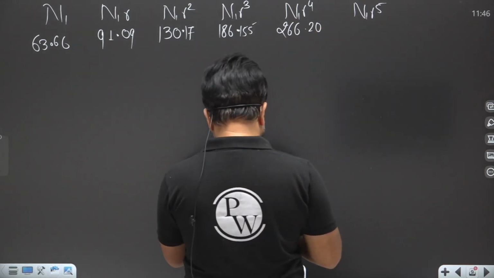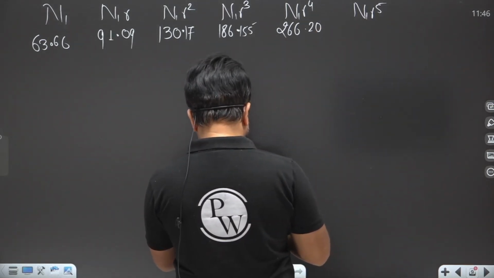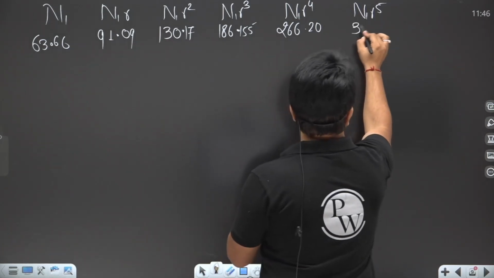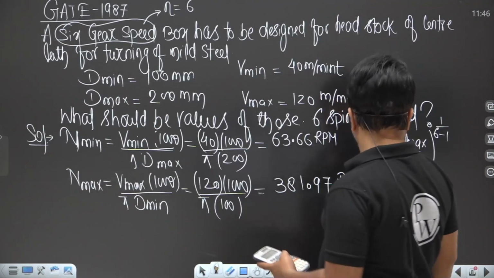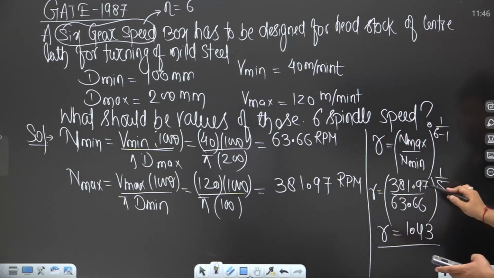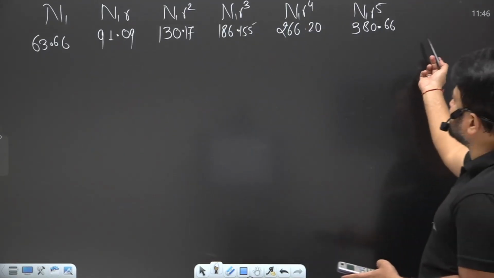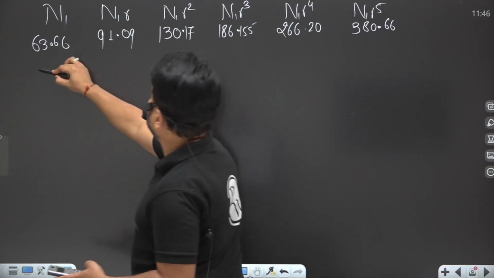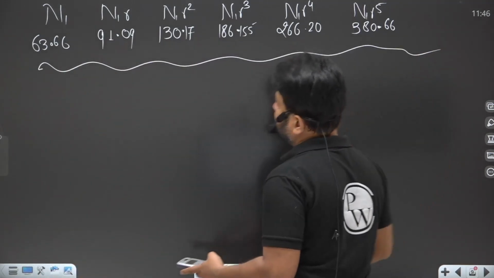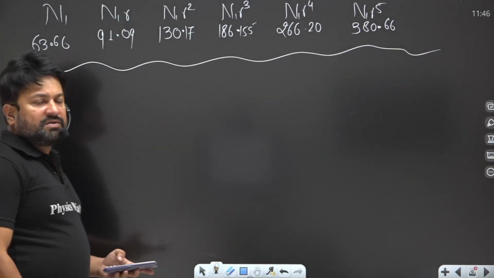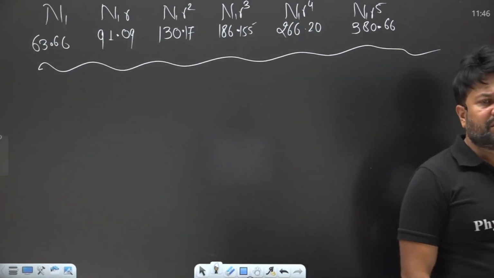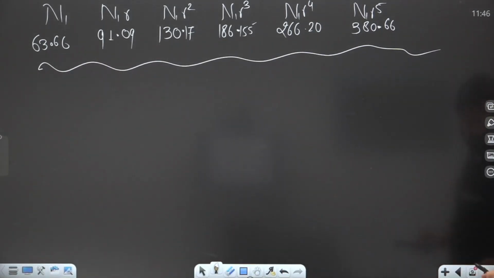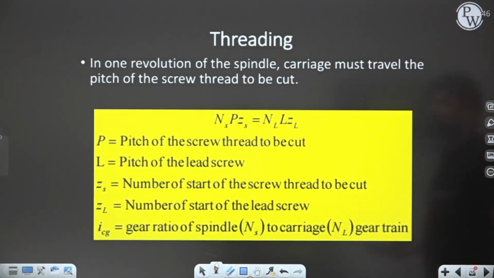Now to the power 5, 380.66, so 381 point something. So nearby it is coming. So these are all the 6 spindle speeds. Maybe in an upcoming GATE exam he will ask only 1 RPM, and it could be any one of them.